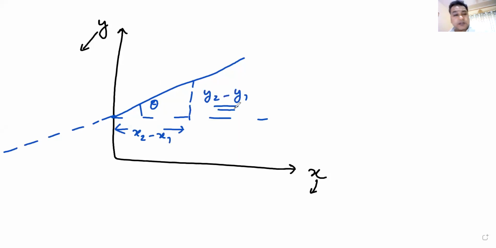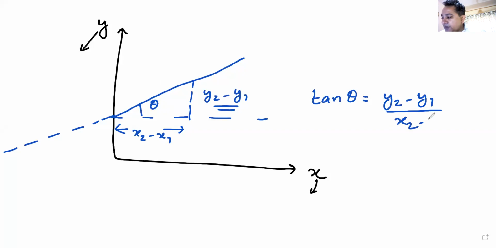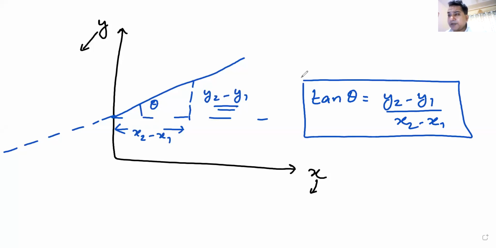We had found out the value of tan theta from the previous class. Yes, okay, great. Tan theta was y2 minus y1 divided by x2 minus x1. Now, if you all remember this, let us move ahead from this and see how we are going to expand it and bring everything in this small thing.